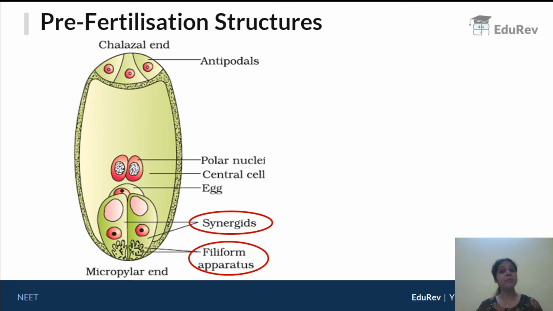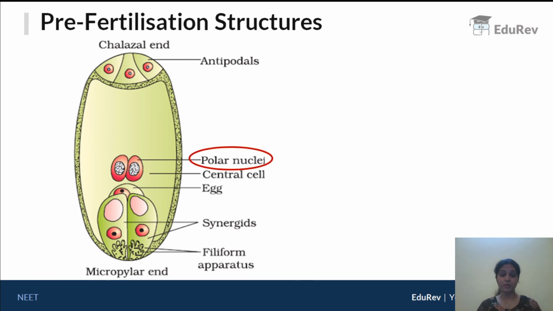In essence, by degenerating, it is making a way for the male gametes to come in direct contact with the egg cell and therefore allow fusion. So that is very important on part of the synergids and the importance of having a filiform apparatus. So here we see the filiform apparatus guides pollen tube entry.